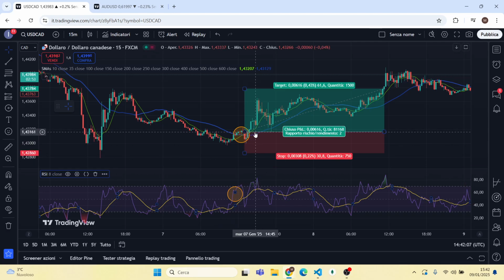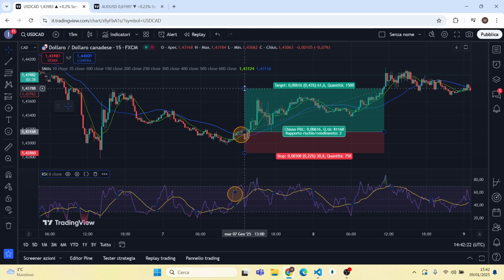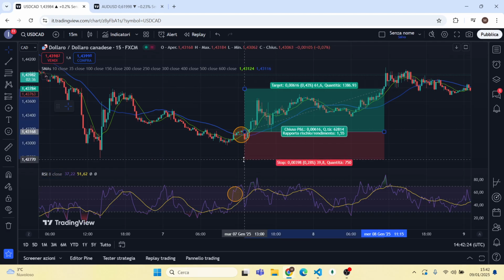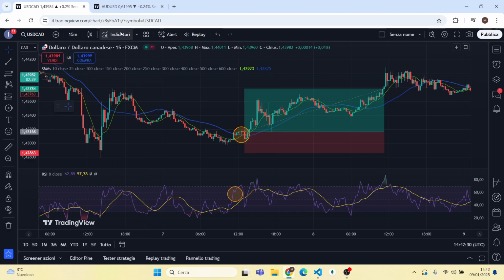You can open your long position at the last close, setting your take profit to the last swing high, and the stop loss will be set by using a risk to reward ratio of 2. So you have to find your take profit, and then you will adjust your stop loss. And as you can see, it was a success, a really good success.